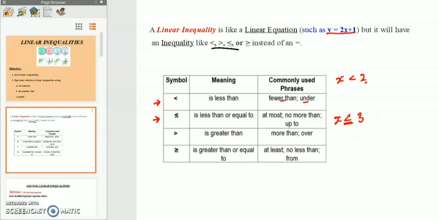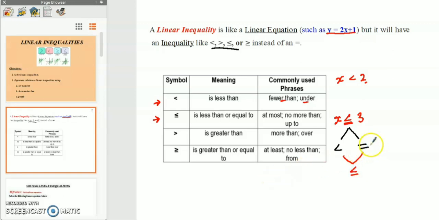You can look at it this way: this less than or equal to symbol is basically representing less than and also the equal sign, and the symbol merges the two to form less than or equal to.